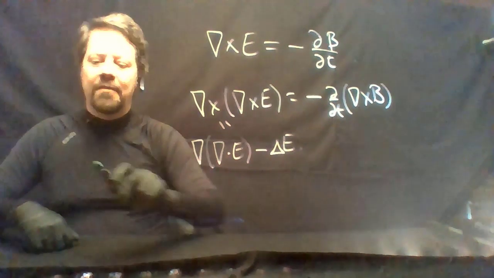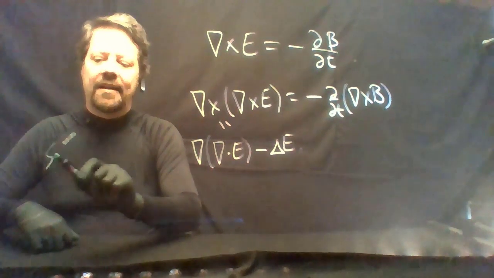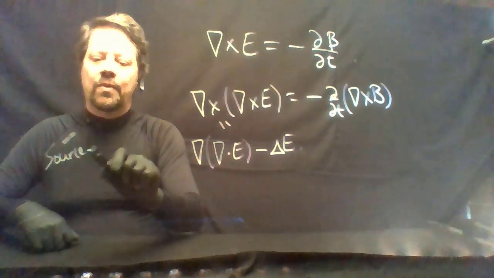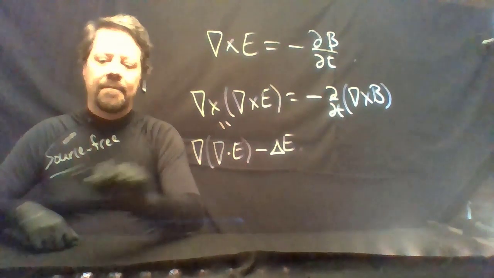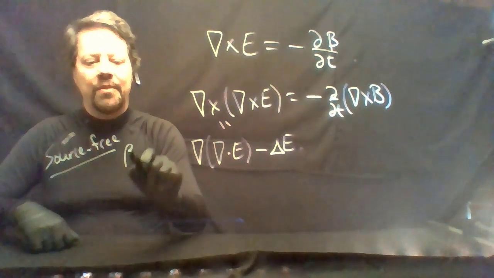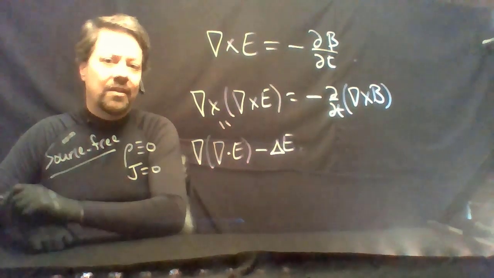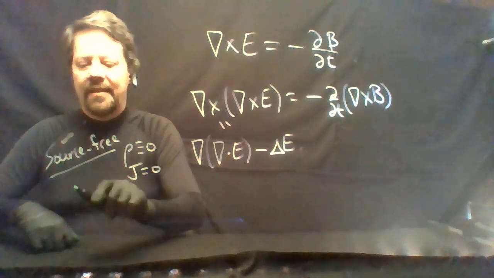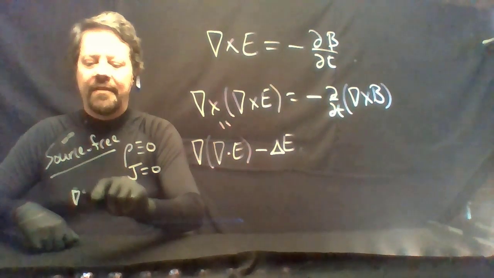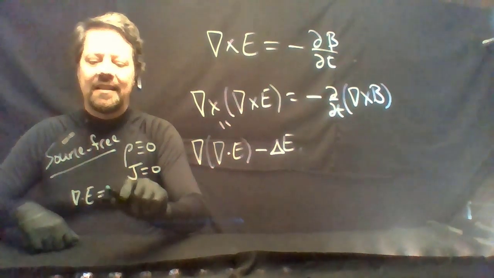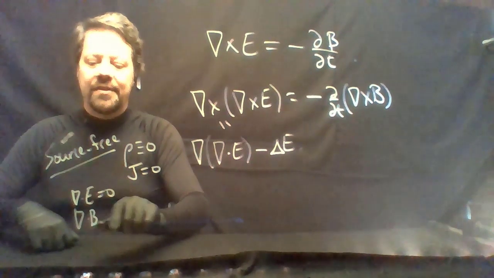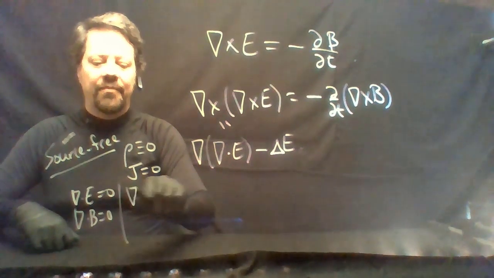In this case, for Maxwell's laws, we're going to assume that they are source-free. That means we're going to assume that the charge density is identically zero and the current is also zero. That means that we'll have the divergence of E is zero, the divergence of B is zero.